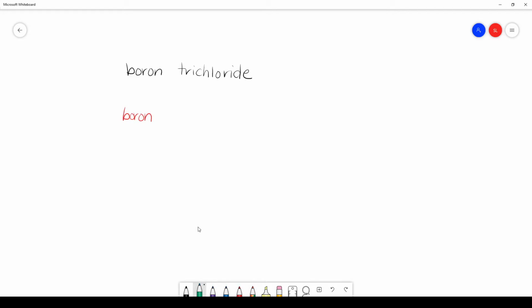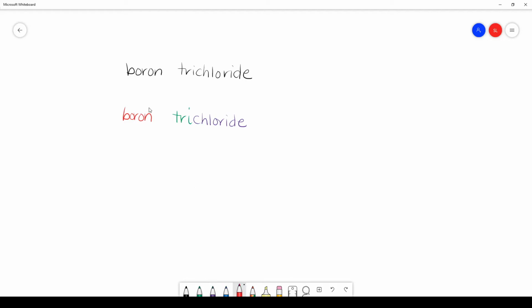For our second element, we do have a prefix, prefix 2 of tri, and our root plus ide is chloride. Once you're able to separate the parts of element 1 and element 2, and you have learned the prefixes and the root plus ide names, working with molecular compounds becomes pretty straightforward.